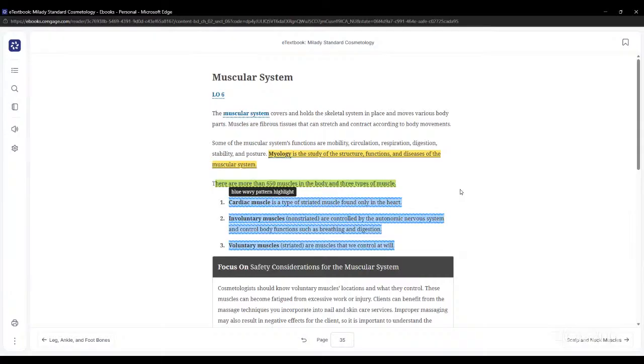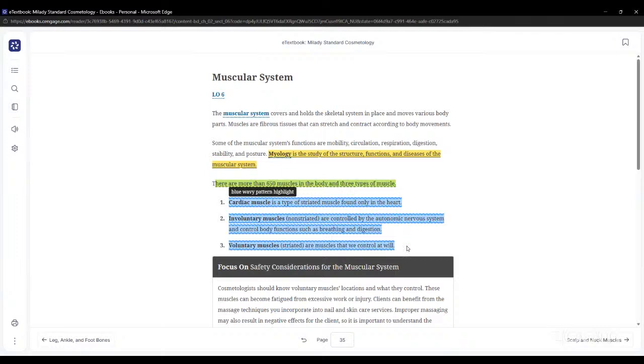You don't have to give it permission. It does it on its own. And if some of us were forgetful, we'd forget how to breathe. We'd forget we have to digest food. So we have involuntary muscles, non-striatic. They are controlled by the nervous system. All right. They control breathing and digestion.